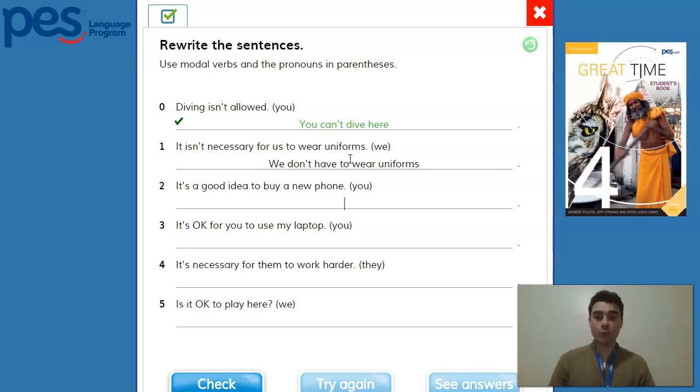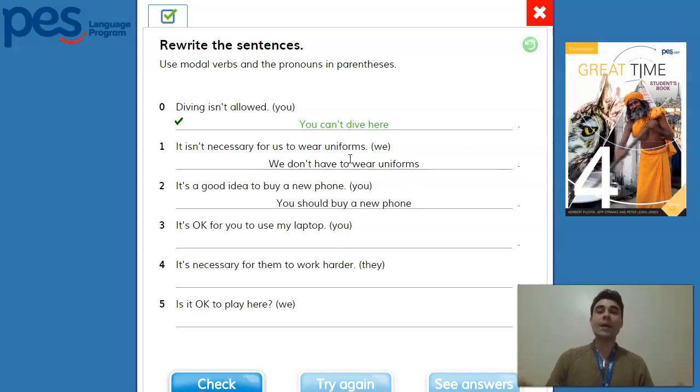If you found another option for it's not necessary, no problems. 2, it's a good idea to buy a new phone. So remember, how can we say it's a good idea? You should buy a new phone.